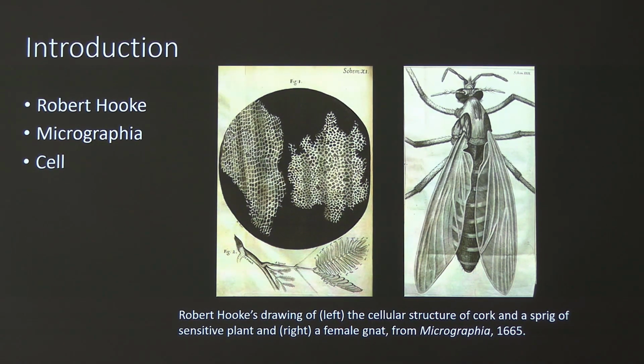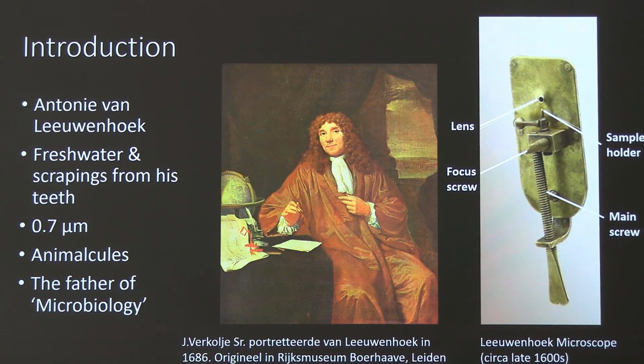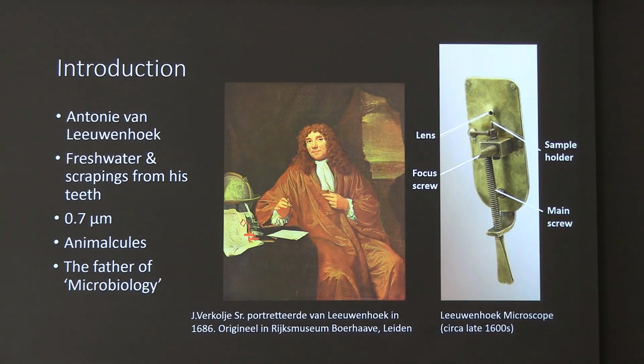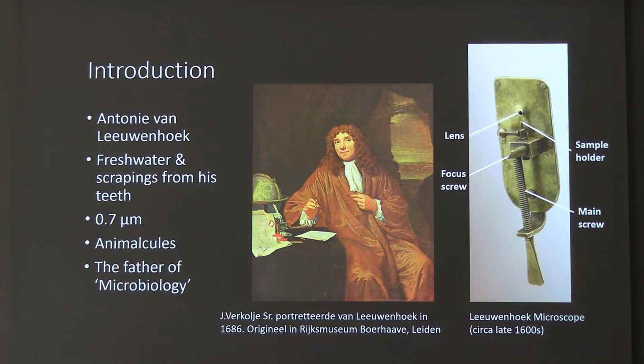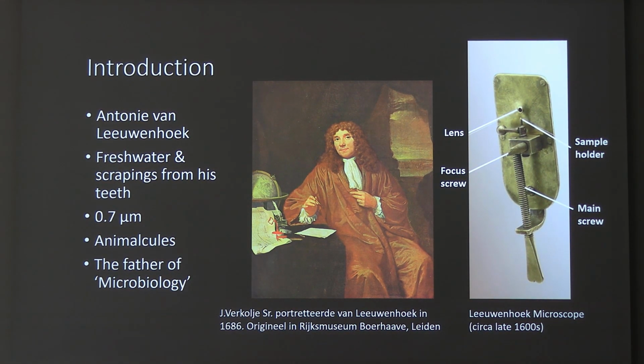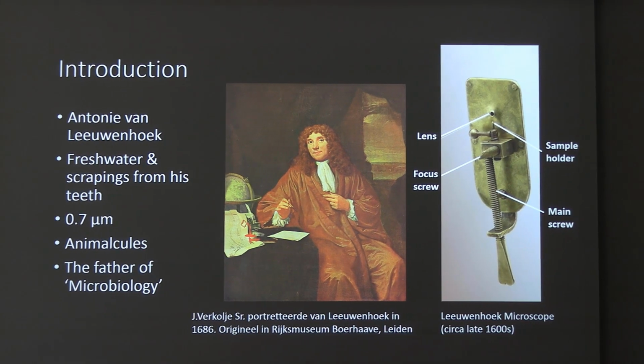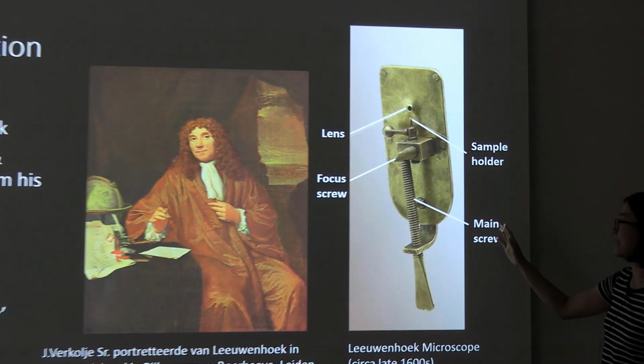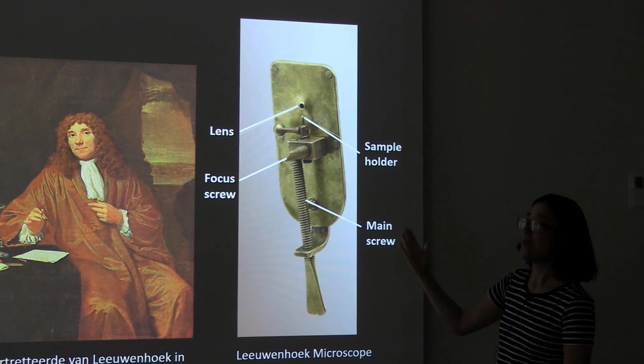So a few years after, another Dutchman named Antony van Leeuwenhoek developed a new instrument, as you can see here. It is actually quite tiny, almost the size of your hand.